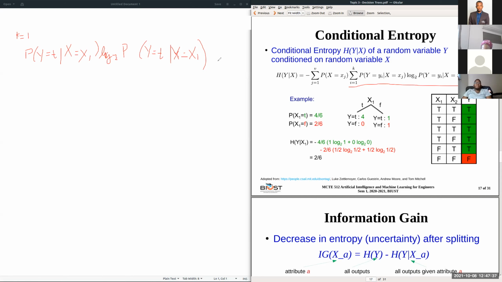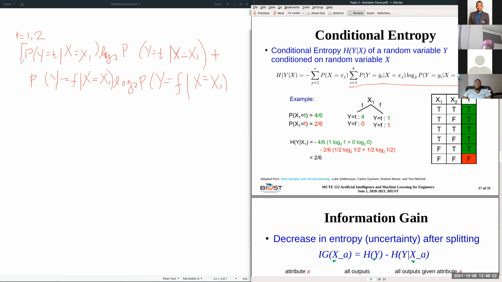Plus, because this is a summation, for the next term, Y equals false given X equals X1, times log 2 of P of Y equals false given X equals X1.